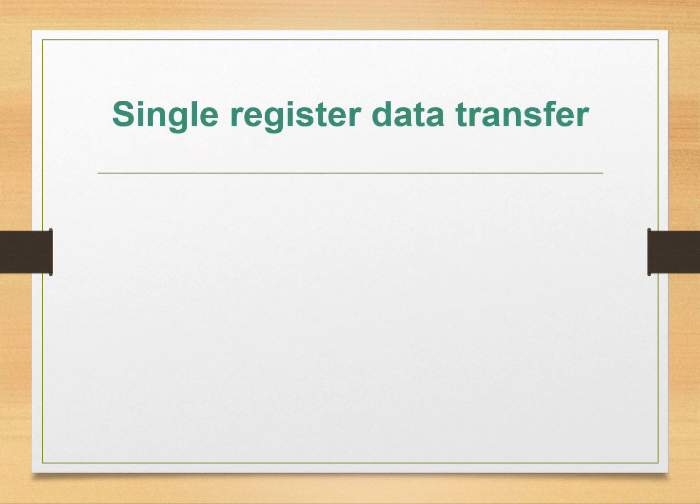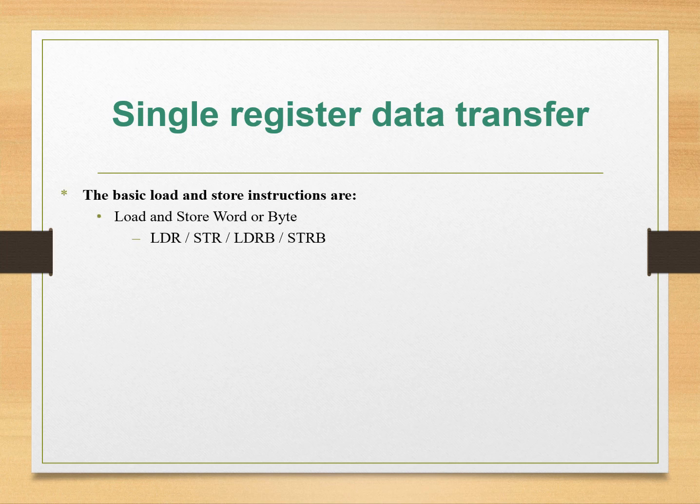We meet again and we continue with our discussion regarding assembly language. We are continuing with the single register data transfer. As we know, the basic load and store instructions are as shown here.